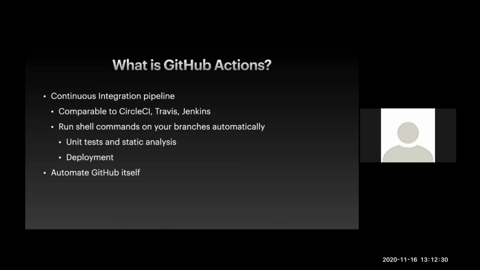But I'm sure if there was an employee from GitHub on this call working with us today, he'd say there's more than that, because it's kind of like a meta platform you can use to automate GitHub itself.